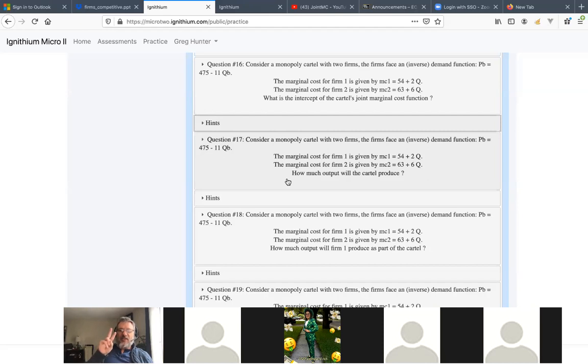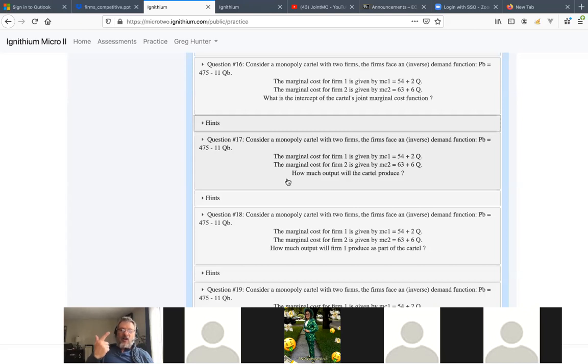So I'm going to ask you guys to do two things. One is calculate the equation for the joint marginal cost function. We already have the slope, but we don't have the intercept value yet.